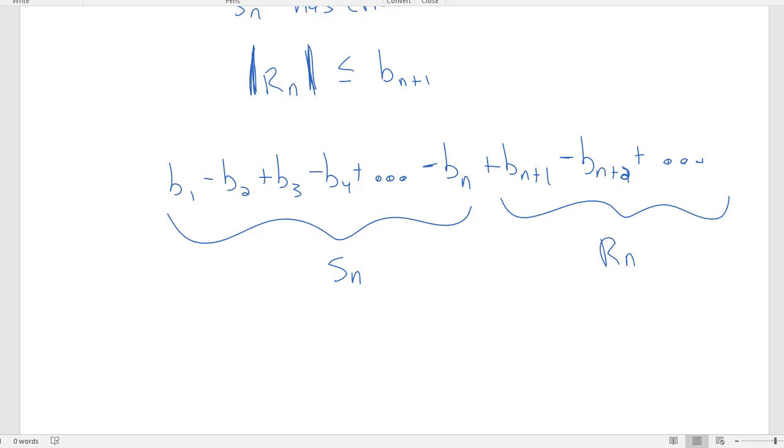But the largest that error can be is this first unused term. Because as I add more, I hone in on the actual value of that error. So the error is less than or equal to that first unused term.